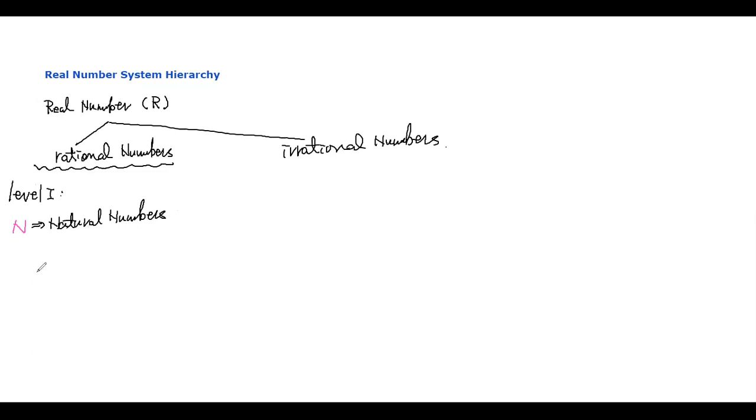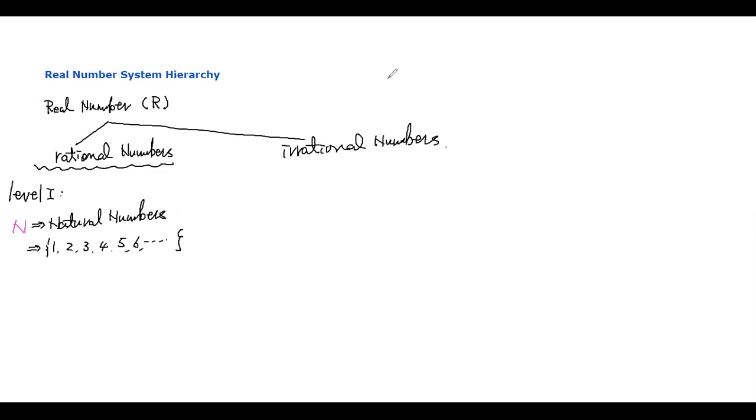They are the numbers like 1, 2, 3, 4, 5, 6. Those are what we call natural numbers.